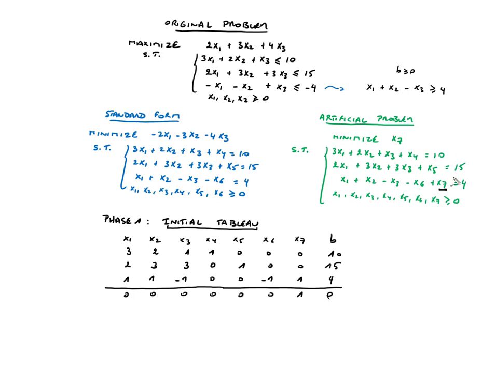This artificial problem has been written in the form of a tableau, and you can see very easily that it will be possible to find an initial basic feasible solution, because we can use x4 and x5 as basic variables in this artificial problem. This is because they come from slack variables in the original problem.